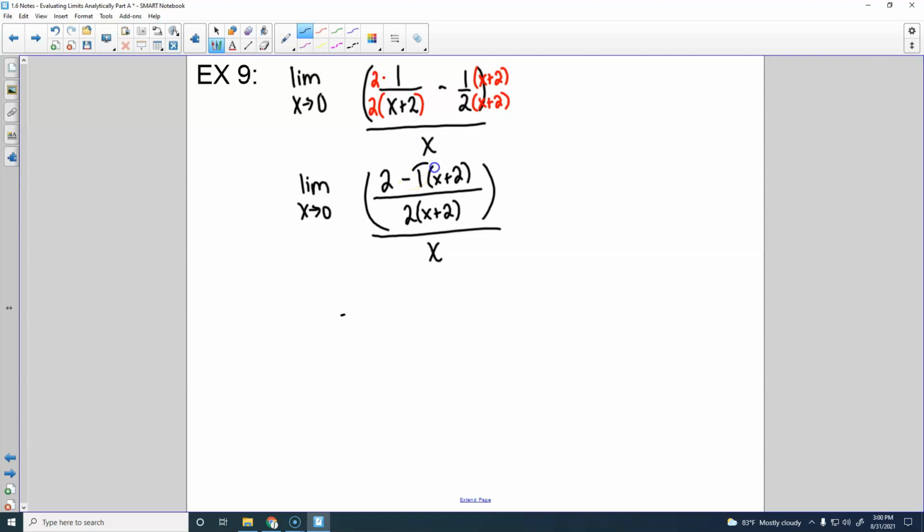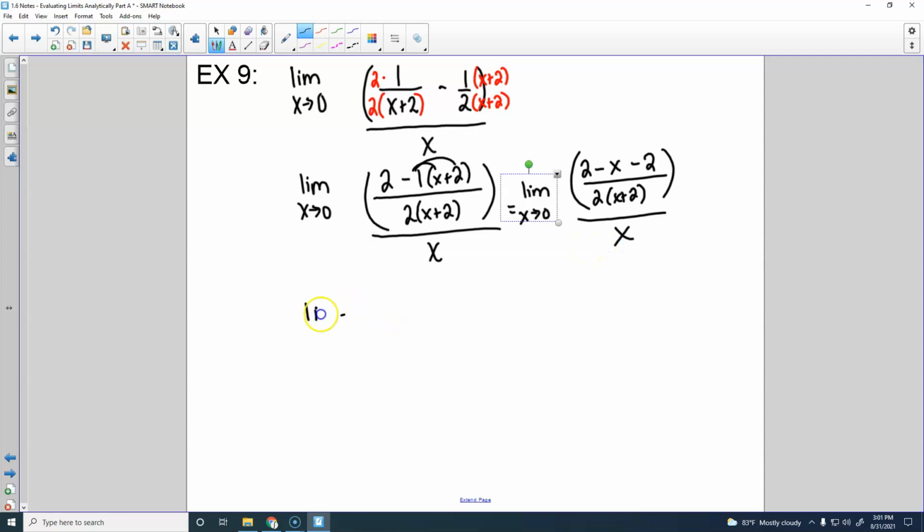Alright, I can distribute my negative here. Don't forget your limit notation. 2 minus x minus 2 over 2 times x plus 2, all over x.